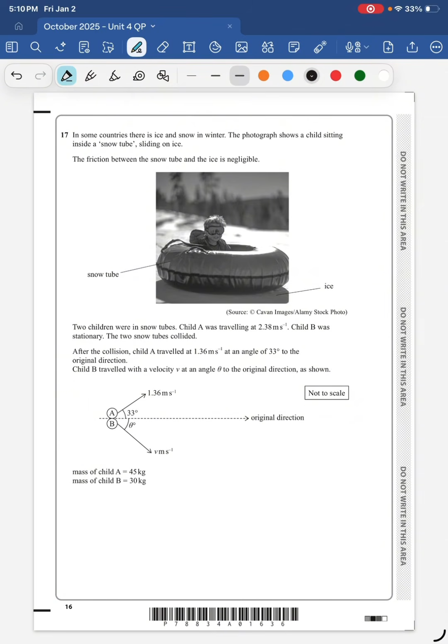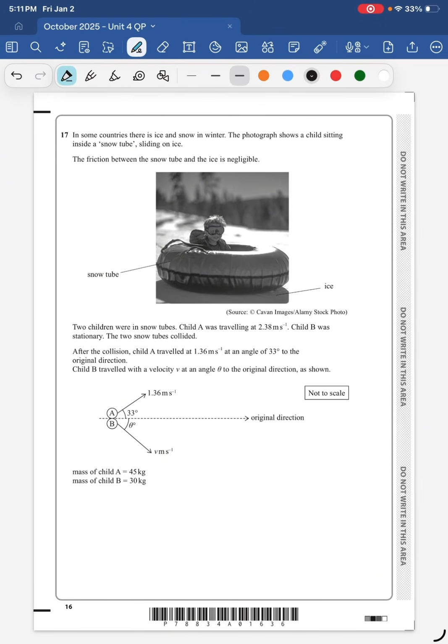So the photograph shows a child sitting inside the snow tube, sliding on ice. The friction between the snow tube and the ice is negligible. Okay, two children were in snow tubes. Child A was traveling at 2.38 meters per second. Child B was stationary.